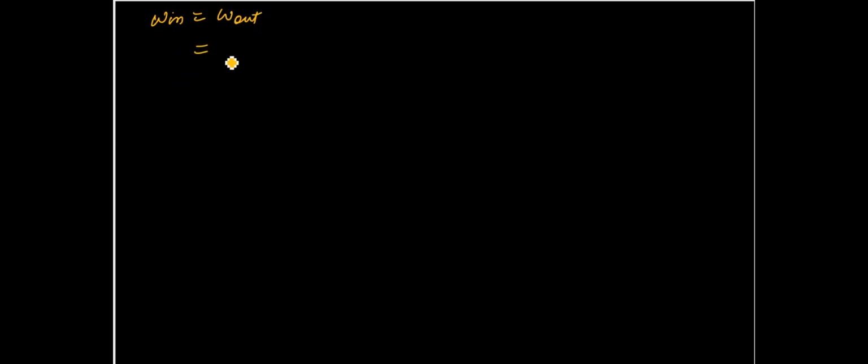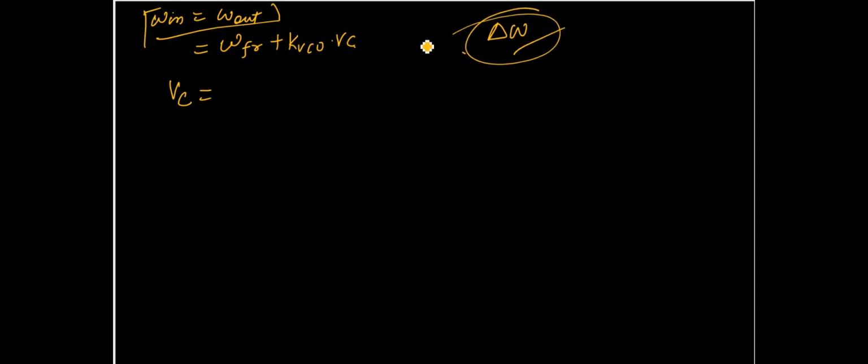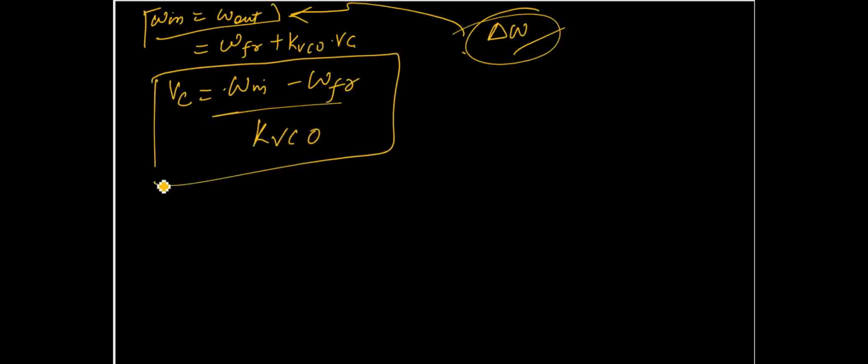Omega out is omega free plus Kvco dot Vc. What should Vc be for this? We want to make omega in equal to omega out. We saw that this frequency error is very high, and now we want this. So how much Vc do we require? It would be required that omega in is here, and then omega free goes to the left side, and then divided by Kvco. That much Vc we need, then PLL can lock.